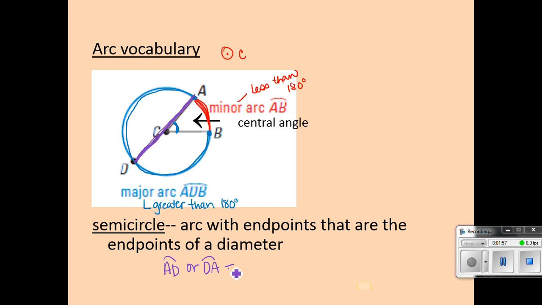And that arc would be equal to 180 degrees because a full circle is 360. The diameter cuts it in half, which would mean I would have 180 degrees.